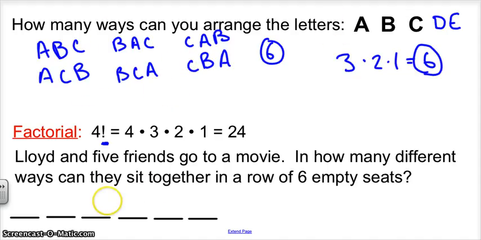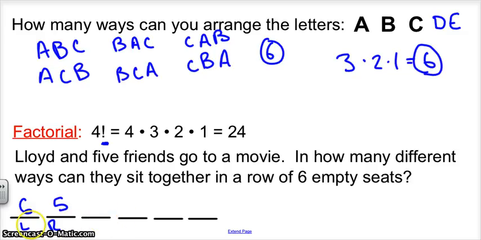Let's move on to the next question, where we have Lloyd and 5 friends who want to go to a movie. How many different ways can they sit together in a row of 6 empty seats? Well, how many friends can sit here? Lloyd and 5 friends can sit here, and let's say Lloyd sits there. Now, how many friends can sit here? Let's say Ryan sits there, and 5 different friends could sit there, but Ryan sits there.